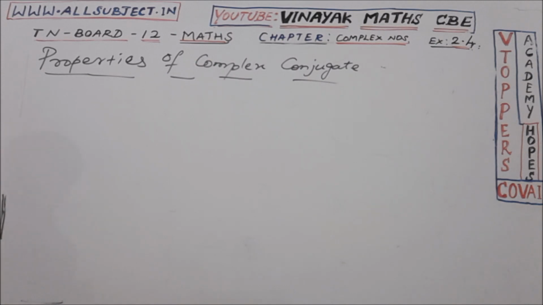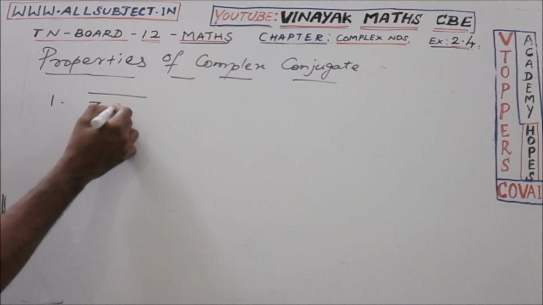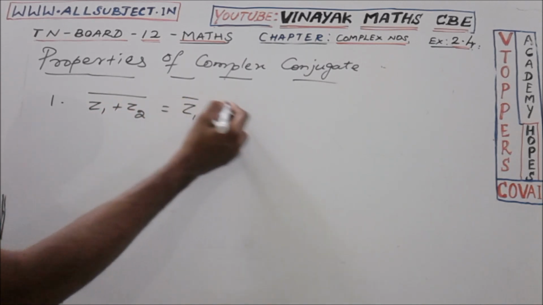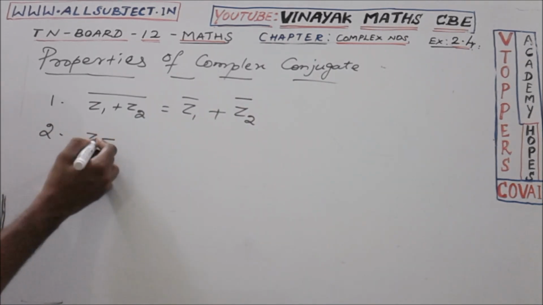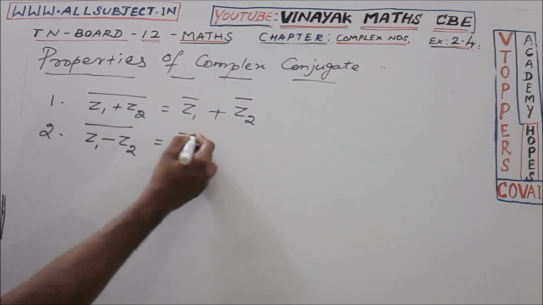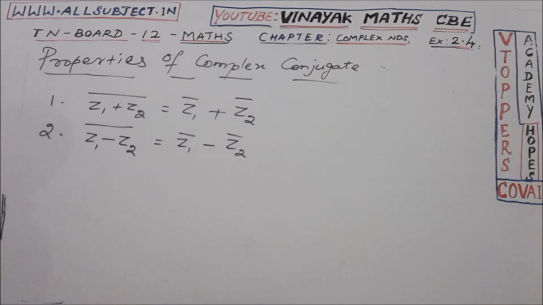So now we can list the properties here. First one, conjugate of the sum of two complex numbers will be equal to the sum of their individual conjugates. And the second one, conjugate of the difference of two complex numbers will be equal to the difference of their conjugates.